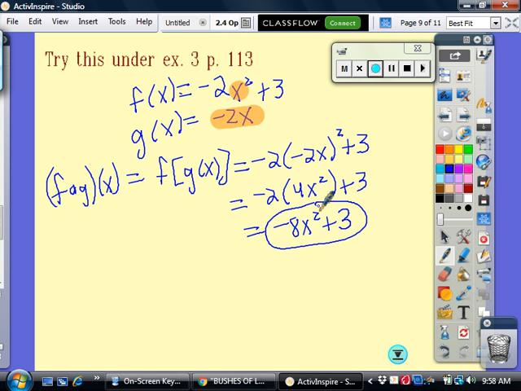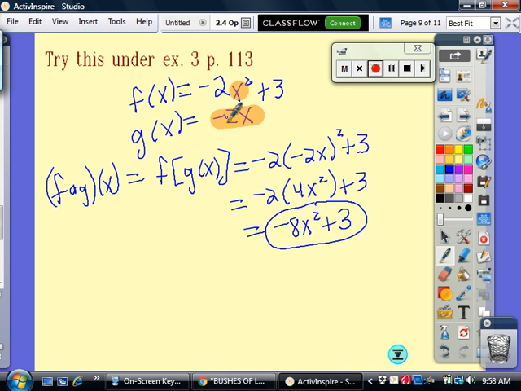Is that okay? Questions? There were two 2's. There was one in f and there was one in g.